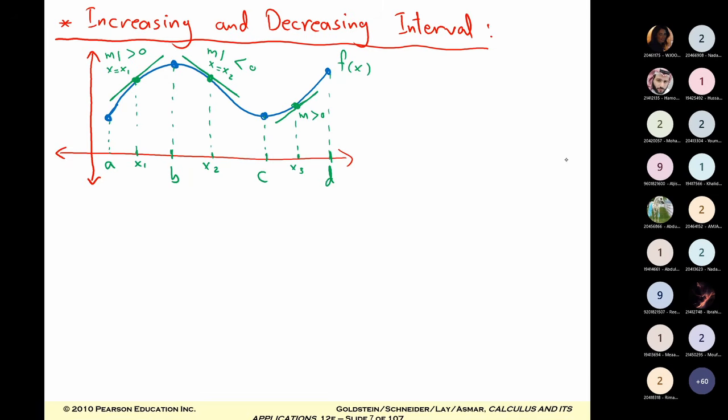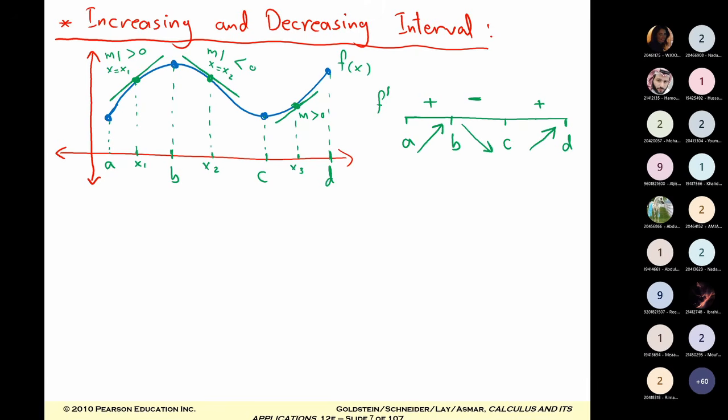Now we can conclude like this. The sign of f prime from A to B is positive. From B to C, negative. From C to D, positive. If we have positive slope, we have increasing. If the slope is negative, we have decreasing.